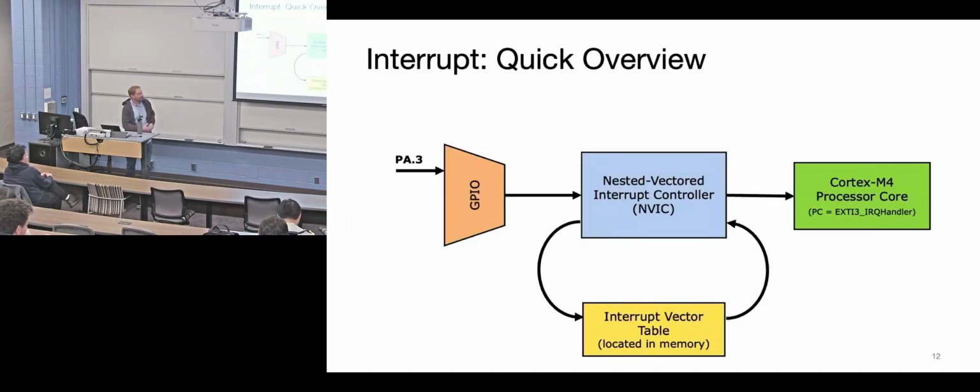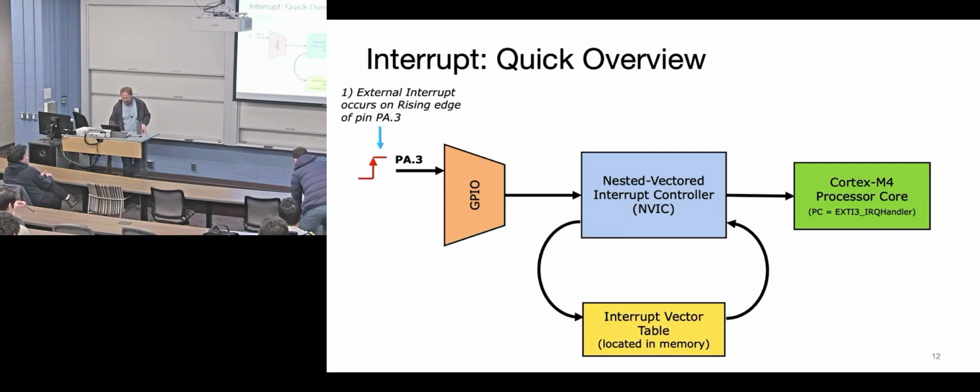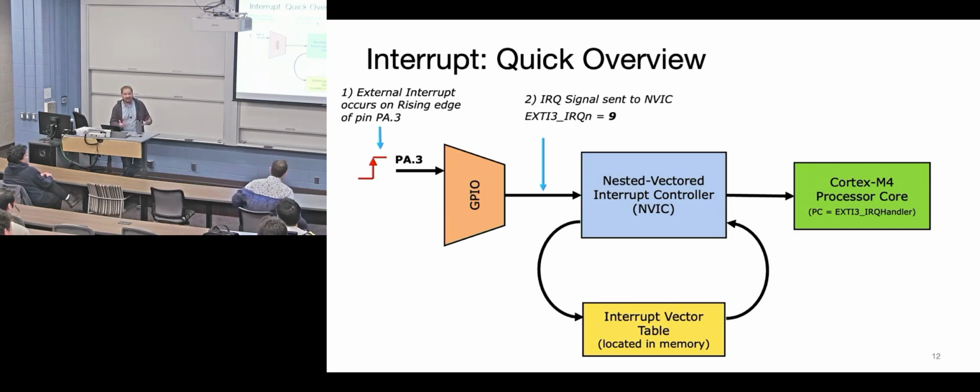So some wire from some location, say port A, pin 3, goes high, and then something happens. The NVIC says, aha, something occurred and I need to handle this now. I need to stop execution of the core and do something, but it's got to figure out what it should do. So it's got to take this pin that goes high and figure out where the corresponding code is located. Where does it find the address of that corresponding code?